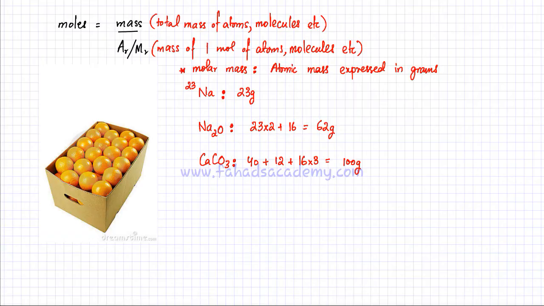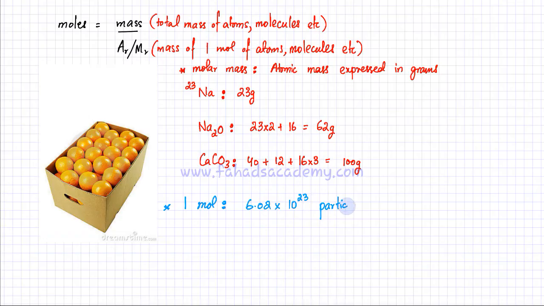Now coming back to what we previously studied, that 1 mole of atoms. Now 1 mole is a very large quantity. So if you have 1 mole of atoms or molecules or any substance, so 1 mole of anything has 6.02 into 10 raised to power 23 particles, which is a very, very large number.